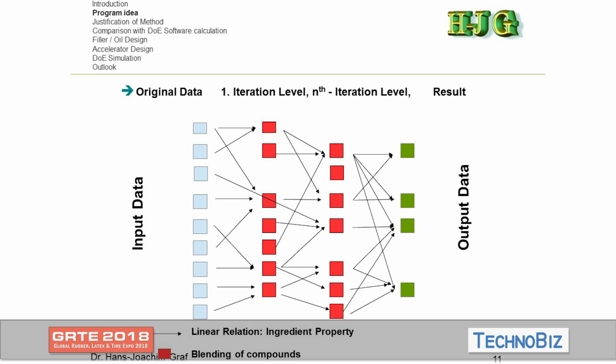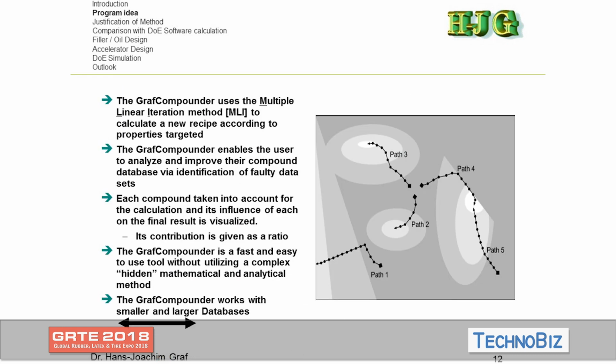That is a sentence I have to say, because very often you have conflicting targets. For example, elongation should be high and hardness should be high. That is mostly a conflict, because elongation falls short, and then you have to have a tool which you weigh and do a trade-off. We will see that later on.